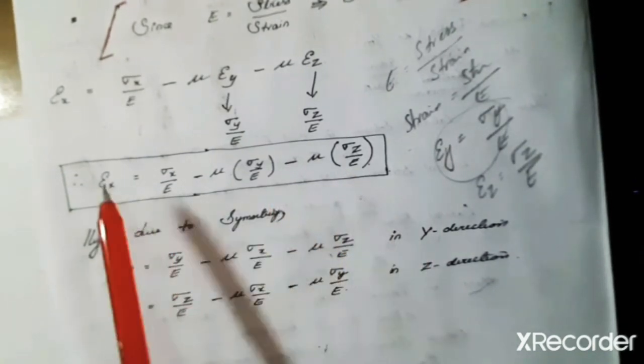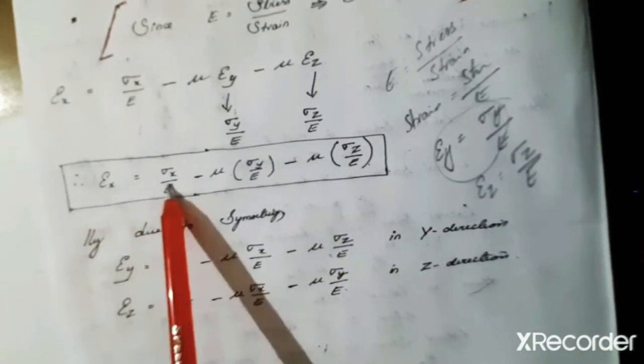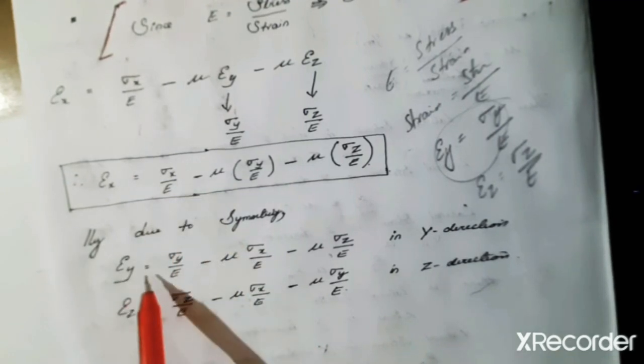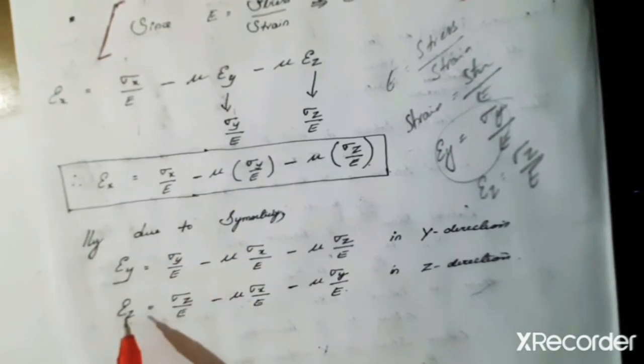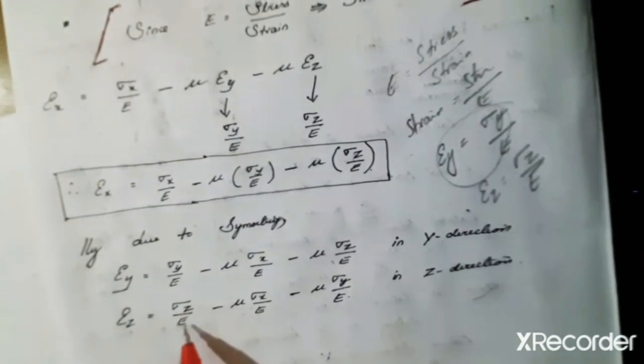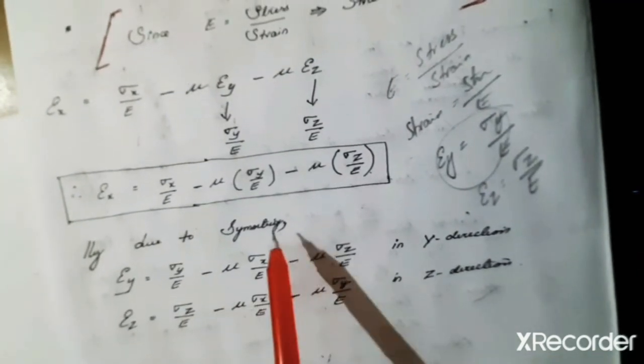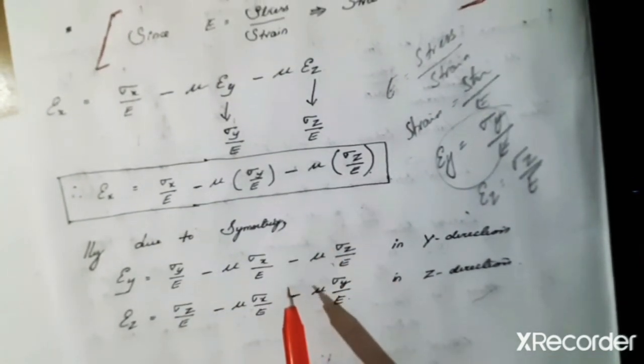At that stage, epsilon x will be only sigma x by E, epsilon y equals sigma y by E, epsilon z equals sigma z by E, when there is no lateral strain in a body.